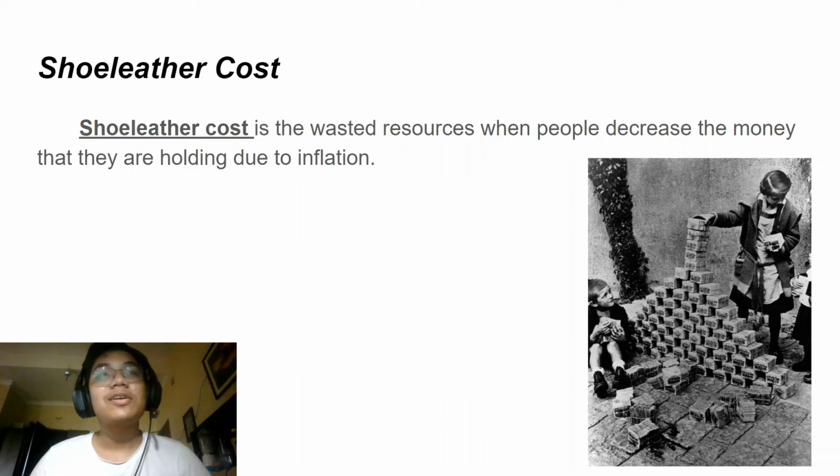So shoes leather cost is the cost for them to walk around to the bank, because that's where they all keep their money, and it's back and forth, so they can always deposit their money to the bank and don't have to hold a lot of money. That's why it's called shoes leather cost. That's what I think, and that's what the book told me, so I'll just go with that.